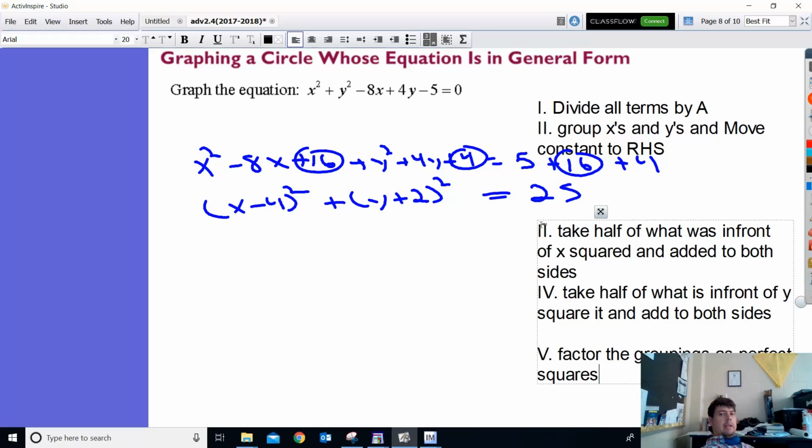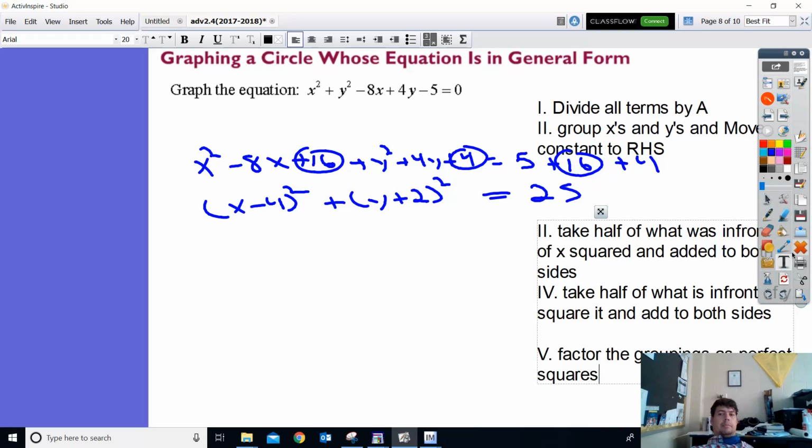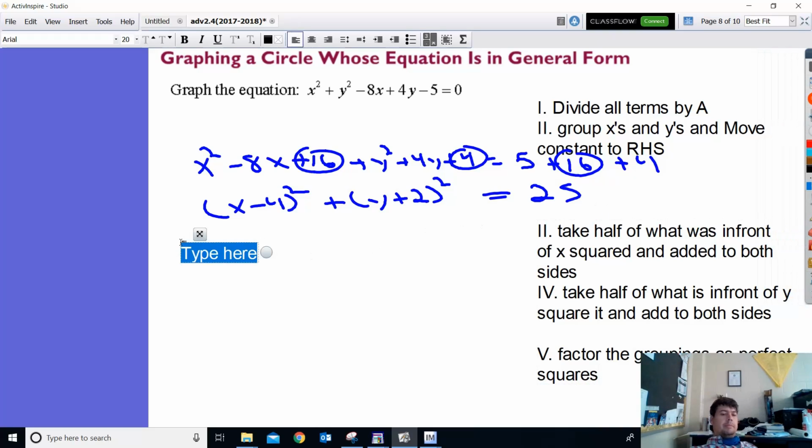I'm not going to waste your class time graphing it, but if we were to graph it, where might our center be? 4, negative 2. And what might our radius be? Saying 5?